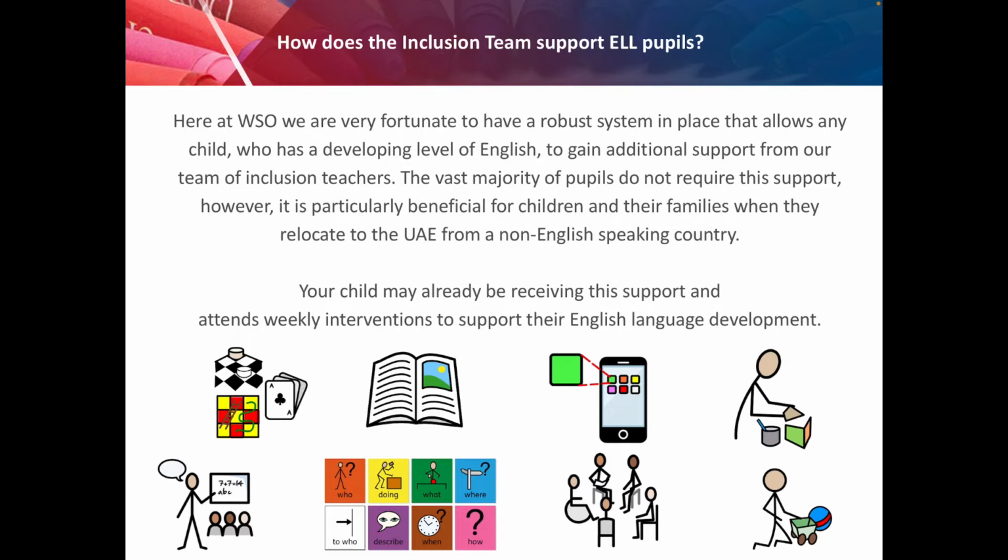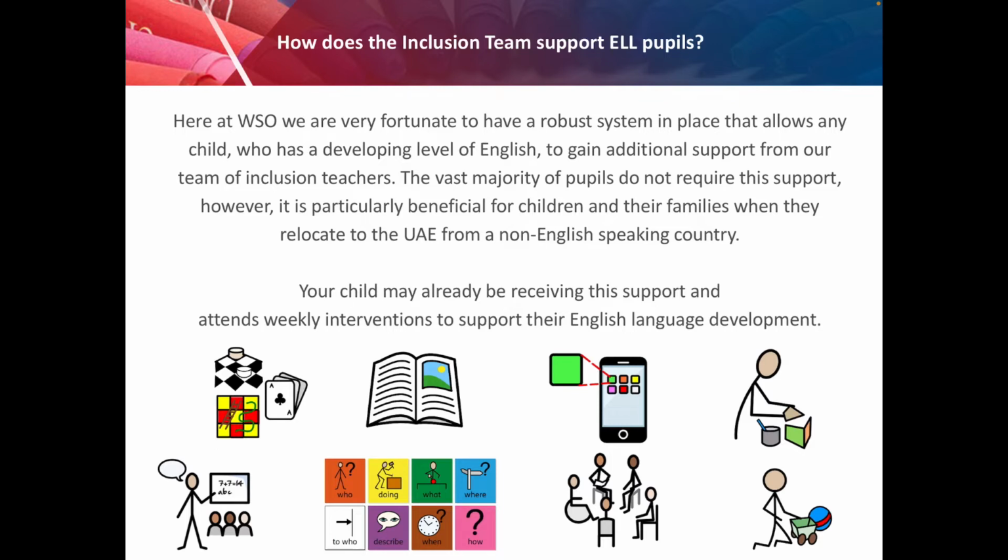Most children, even if they are bilingual at home, won't require this level of support. It's mainly for children who come under that definition of ELL, where the families have little to no English at home and they're fairly new to the English language. This doesn't mean that they speak no English at all, but we feel that they need a real push, and that their level of English is causing a barrier in their learning.